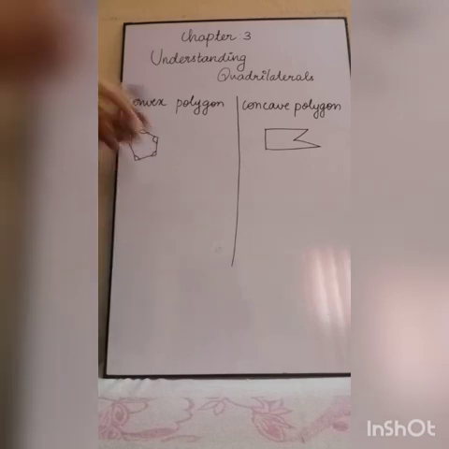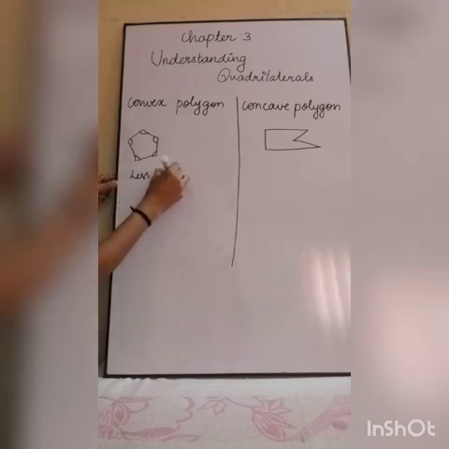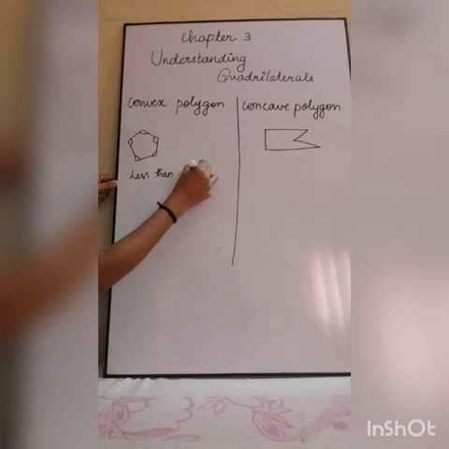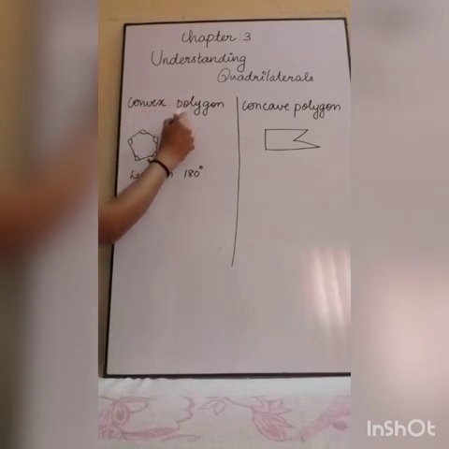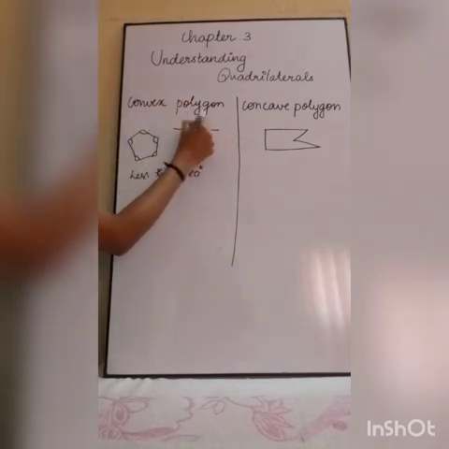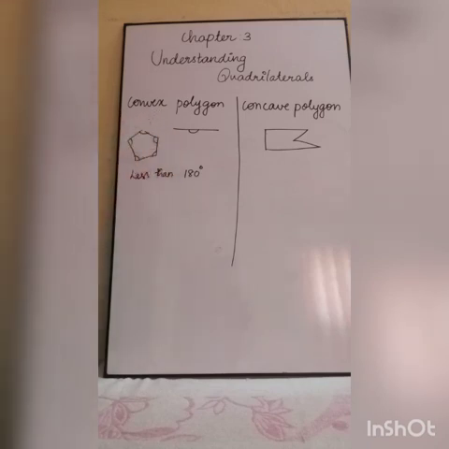Interior angle means inside angle. Every interior angle will be less than 180 degrees. See here it will be like 60 something only. 180 degrees means a straight angle. It will be less than this only. These are all interior angles.